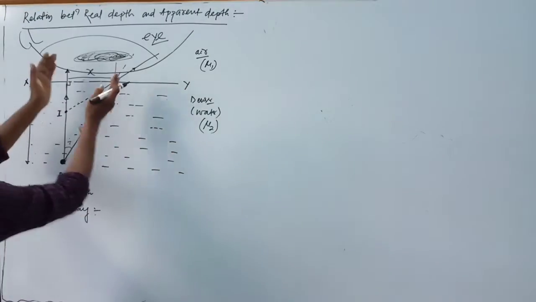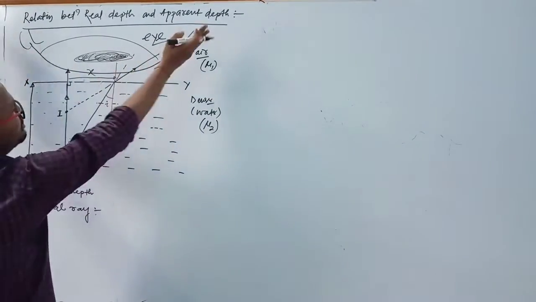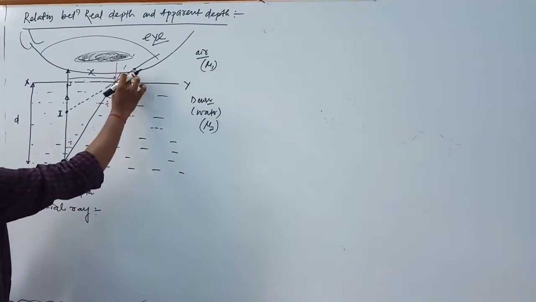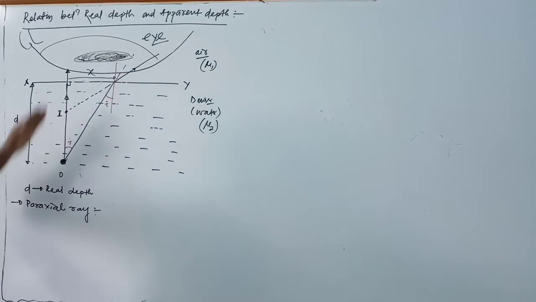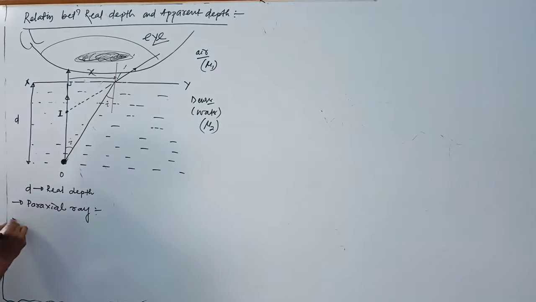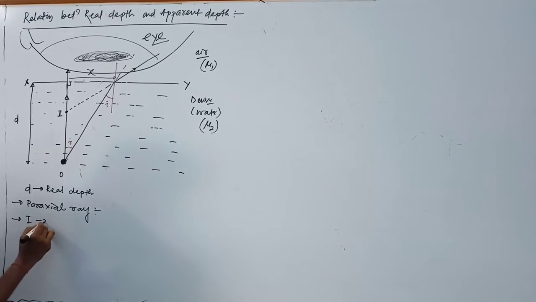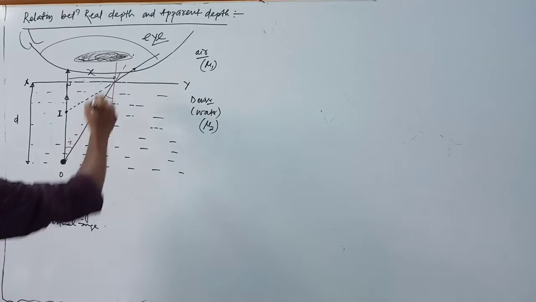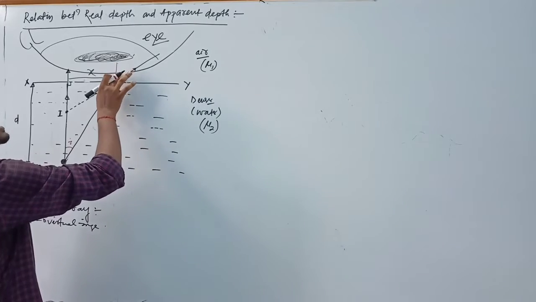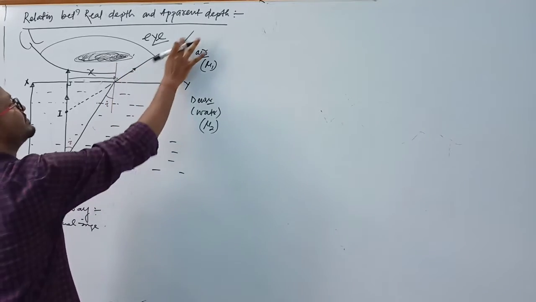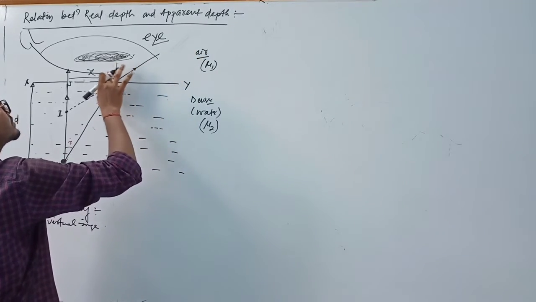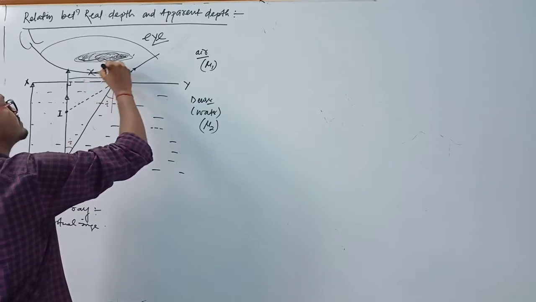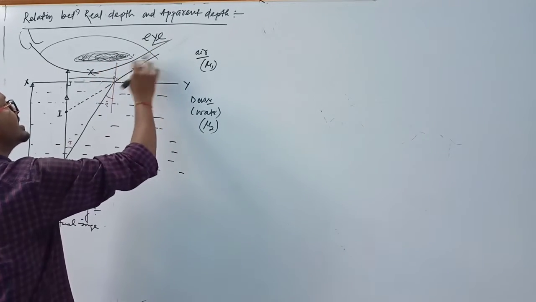Why? Because these 2 rays diverge from each other, and the line of action appears to meet at point I. So I is a virtual image. This is the eyepiece here, and this ray.